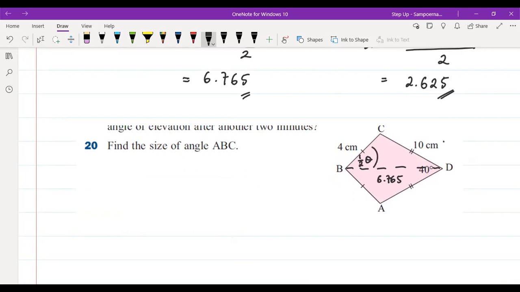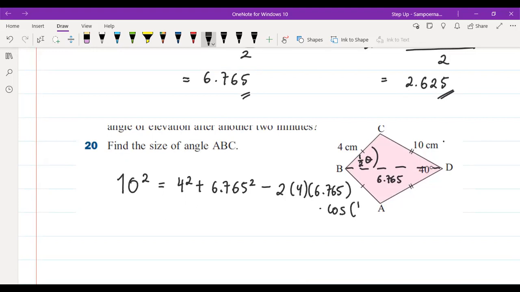I don't want to finish it now, so I just write the formula and you can try yourself. 10 squared equals 4 squared plus 6.765 squared minus 2 times 4 times 6.765 times cosines 1/2 theta.